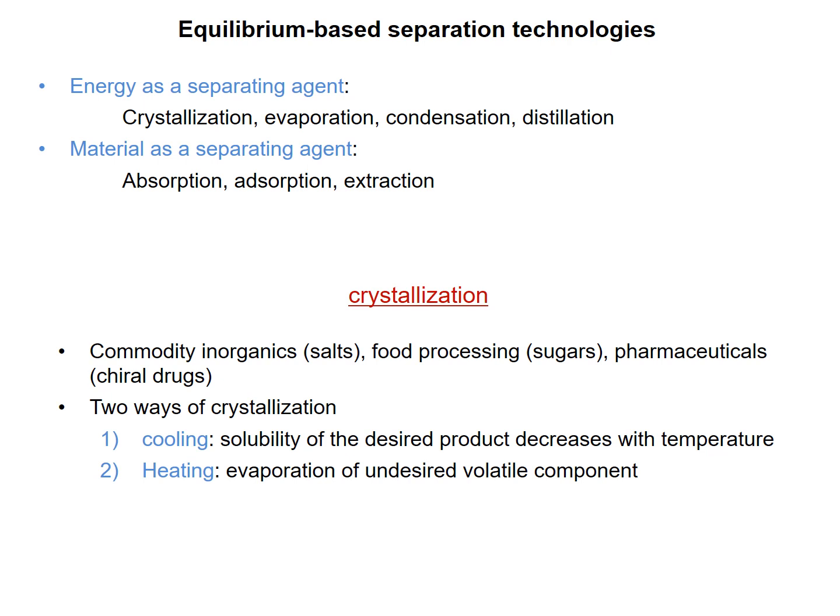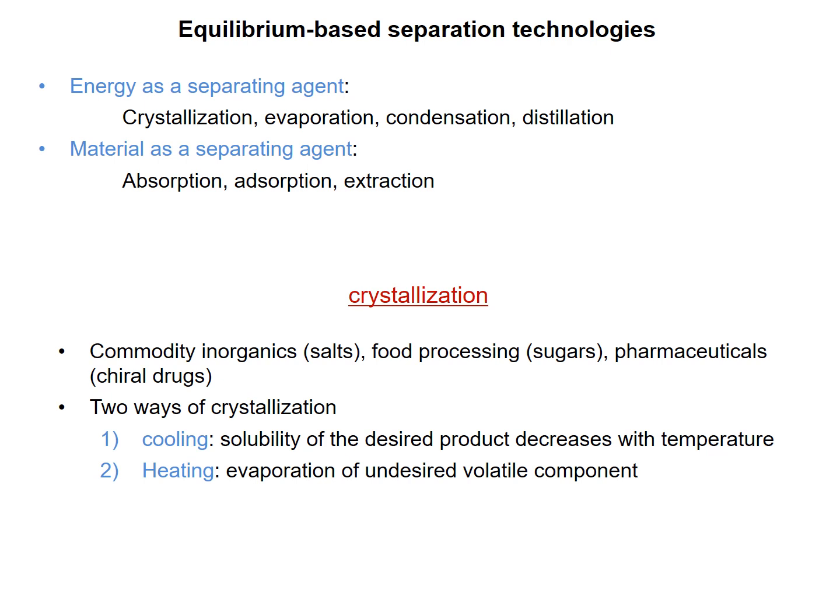Let me start with crystallization first. 2 ways of crystallization are available. The first one is cooling down. In that case, the solubility of the desired product decreases with temperature. Then we could get some crystals in the saturated solution.